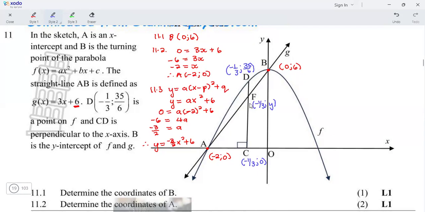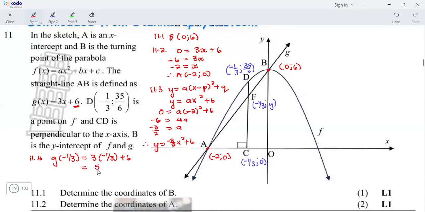So which equation are we going to use? We use the equation of g, because F is on the straight line. So 11.4, we're going to say that you are looking for g(-1/3). So we're going to have 3 multiplied by -1/3 and then plus 6. So this is going to give us our answer as 5.